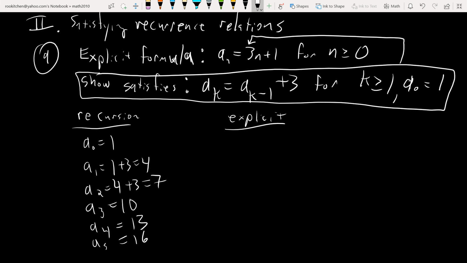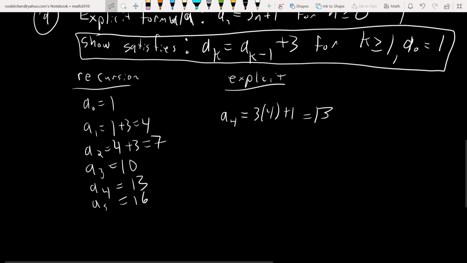But the explicit formula is independent of that. I can just say, hey, what's a sub 4, and plug it into the formula, 3n plus 1. You get 3 times 4 plus 1 is 13, right? So that's the advantage, and that's the difference. I may have talked about that in the previous video, but there it is.